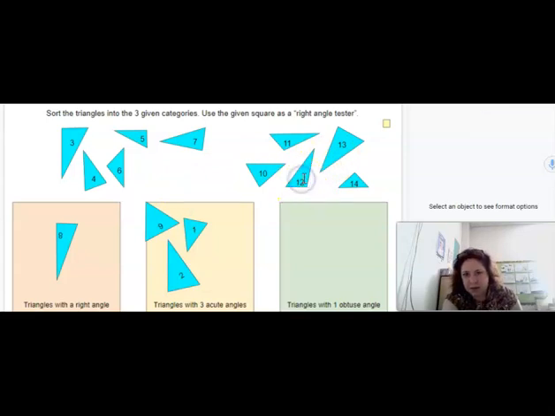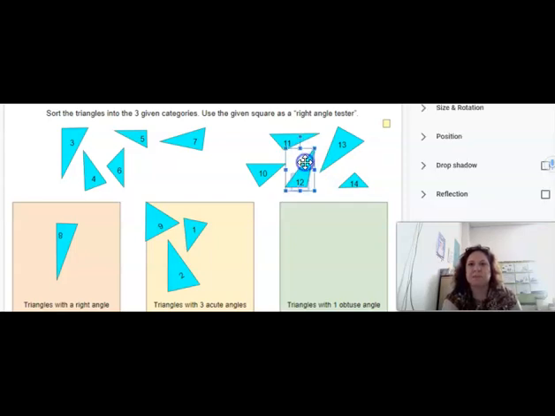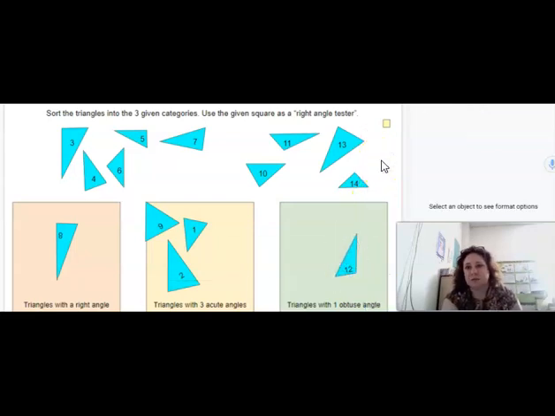Number 12. Oh, that one looks obtuse. I'm going to check though. I'm going to put it in the corner and see. I have to rotate it a little bit and check and see, does it line up or is it too big? Yep, it's too big. So that's an obtuse triangle.